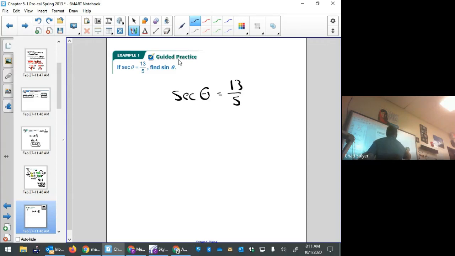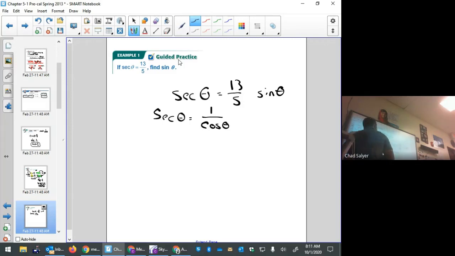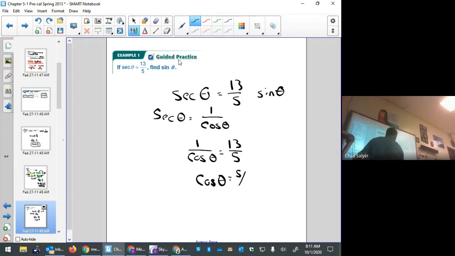We're going to find sine of theta. The reason why it's a bad example is this. The secant is equal to 1 over the cosine. So the application of an identity will not solve this problem. 1 over cosine theta is 13 over 5, so cosine theta is 5 over 13.